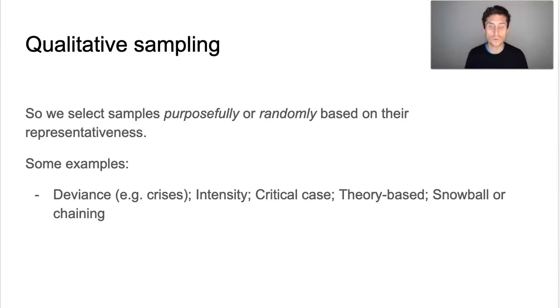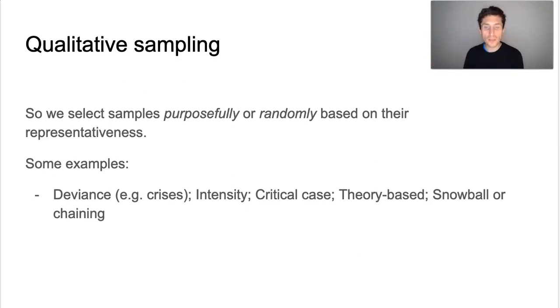So we go through A to Z and pick out maybe the 20 or so people that we could identify. Random sampling is good when we want representativeness and we have very little understanding of what the sample should consist of.